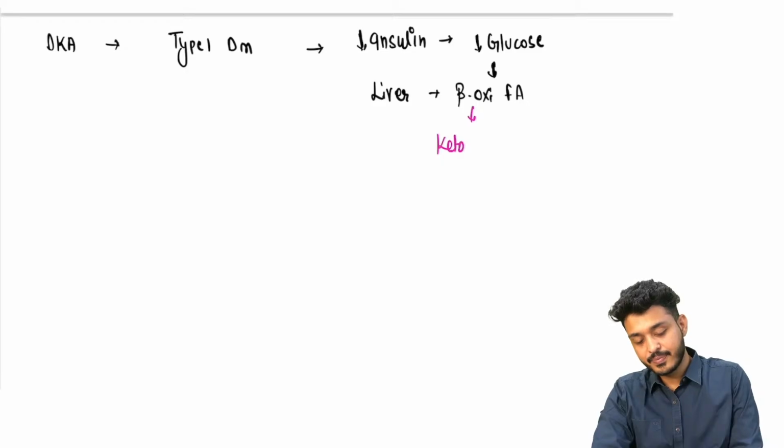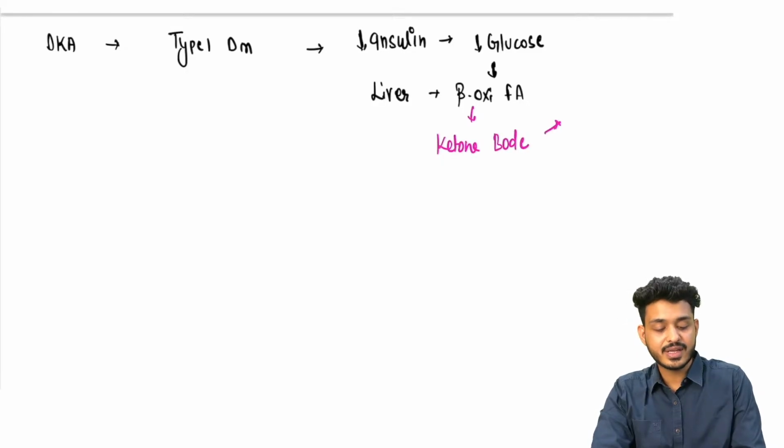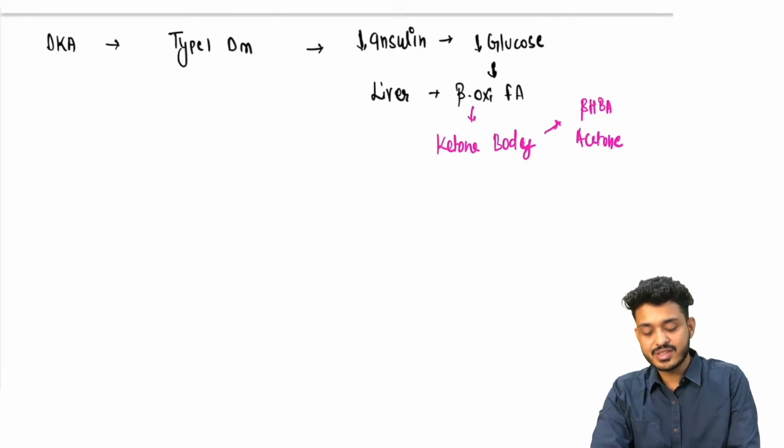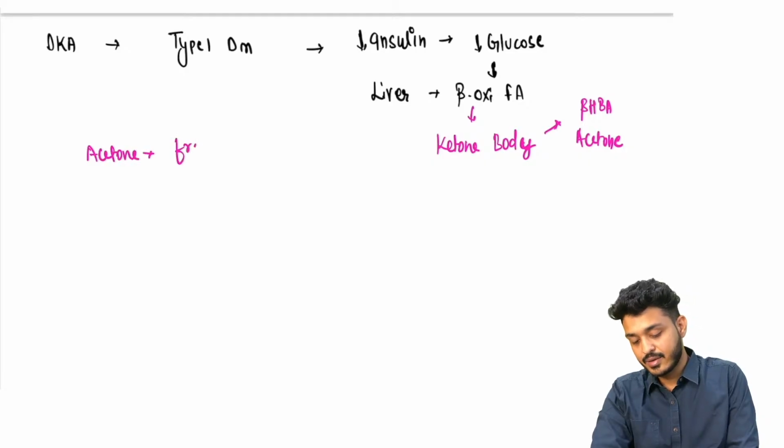Ketone bodies. Now these ketone bodies which are formed, what are the ketone bodies we are having? We are having ketone bodies like beta hydroxybutyric acid. We are having ketone bodies like acetone, and remember this acetone is responsible for the fruity smell.